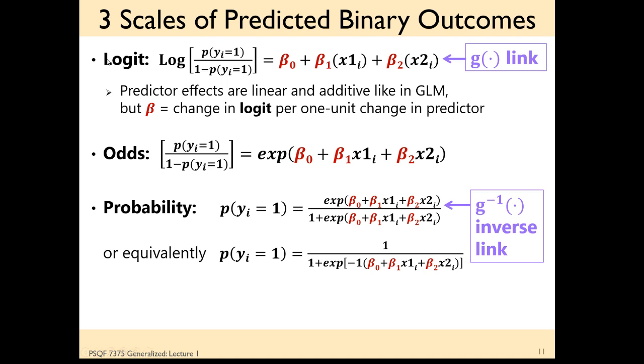So the one that I prefer, as crazy as it sounds, is logit, our new best friend. Beta 0 is the expected logit, log of the odds of a probability of a 1, when x1 and x2 are 0. Beta 1 is the change in the logit per unit change in x1. Beta 2, change in the logit per unit change in x2. The end. It's nice and easy.